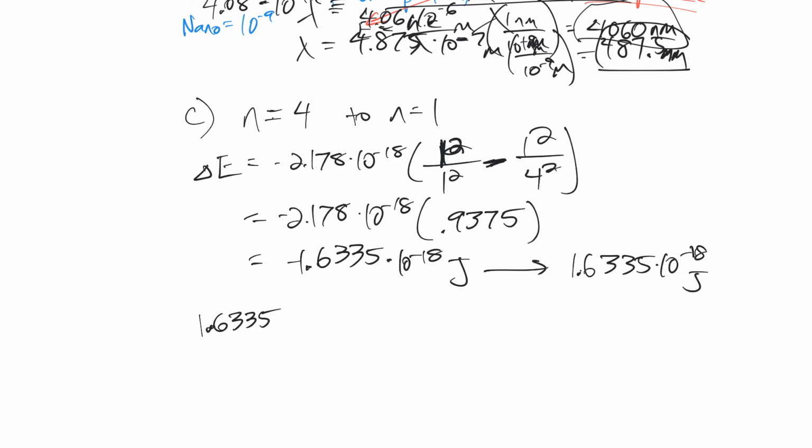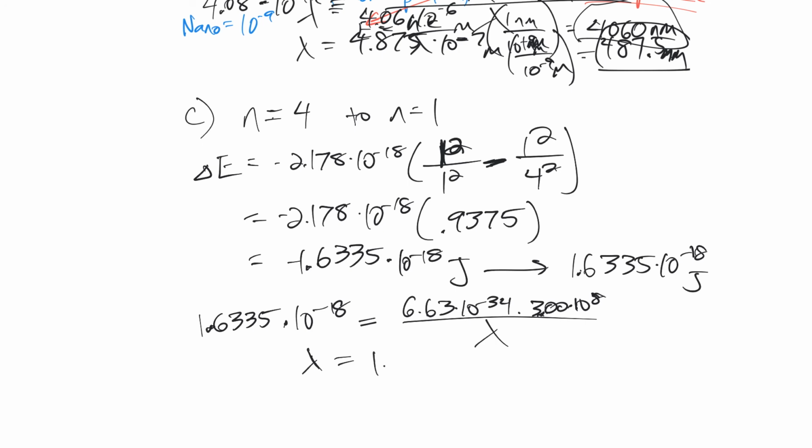And then the equation that involves Planck's constant and the speed of light. And in this case, the wavelength works out to be 1.22 times 10 to the negative 7th meters.